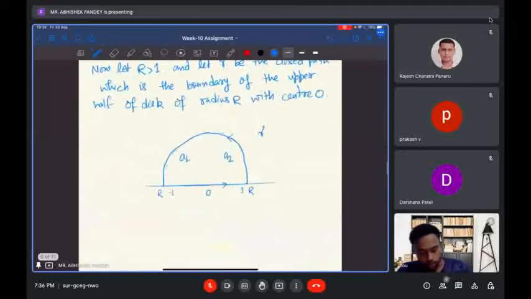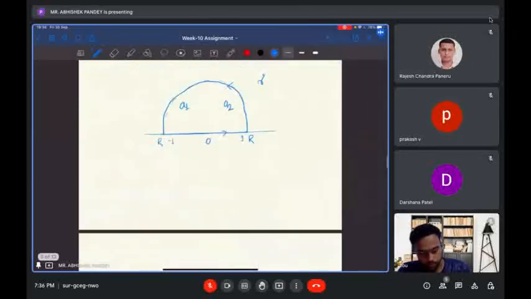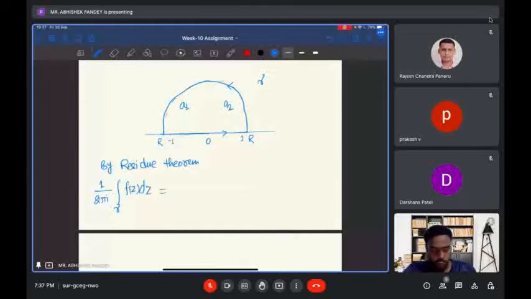So by the residue theorem, we have 1 upon 2 pi i integral over this gamma of f(z) dz, which will be equal to the residue of f at a1 and the residue of f at a2.